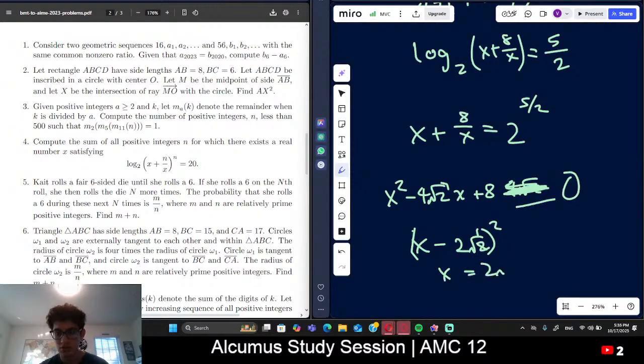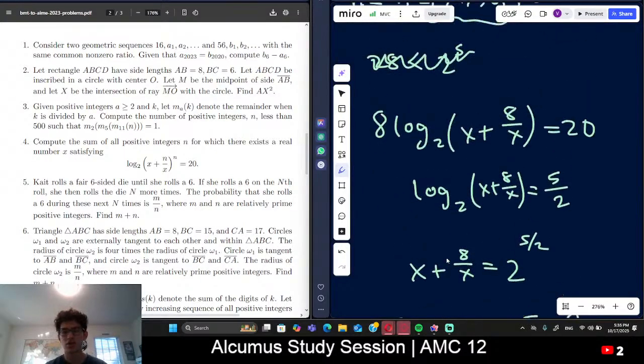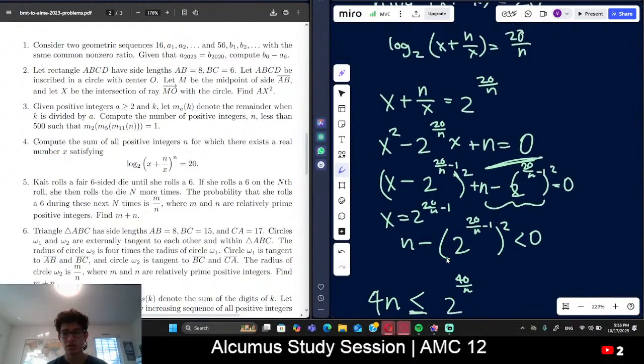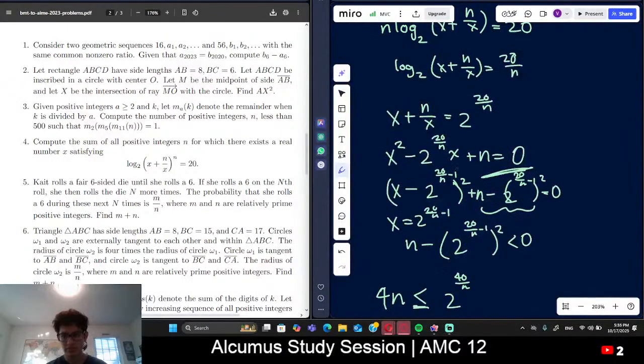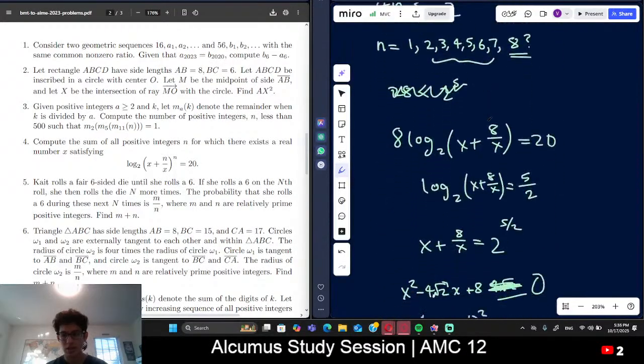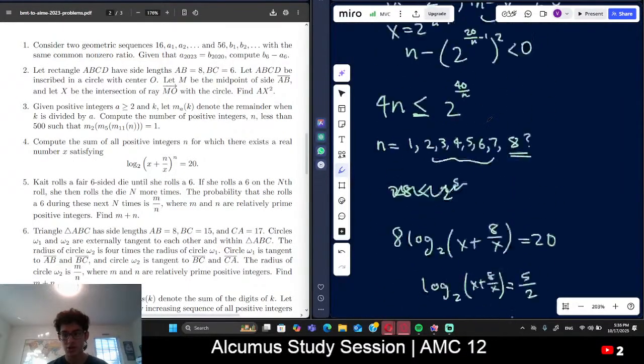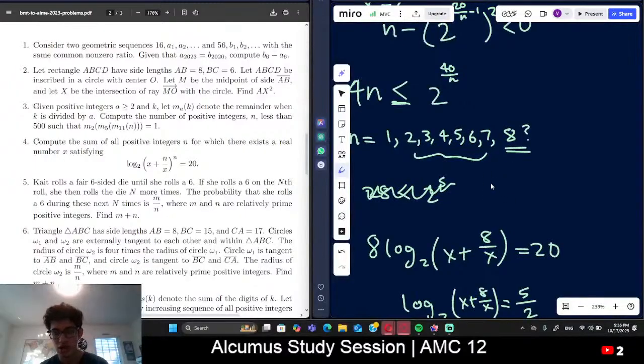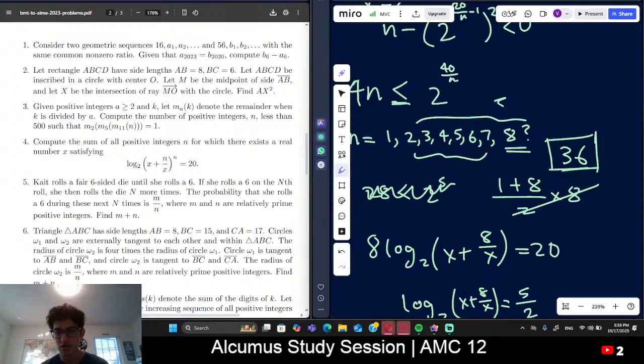So x equals 2 root 2. Okay, so whatever I got earlier, the 16 number is obviously wrong. Not sure where that came from. I messed something up, but this seems to work. So 8 should also be an answer then. And then it's just a sum from 1 to 8, which is 1 plus 8 over 2 times 8. So that's 4 times 9, 36. Right, so it's just a sum of all of these.